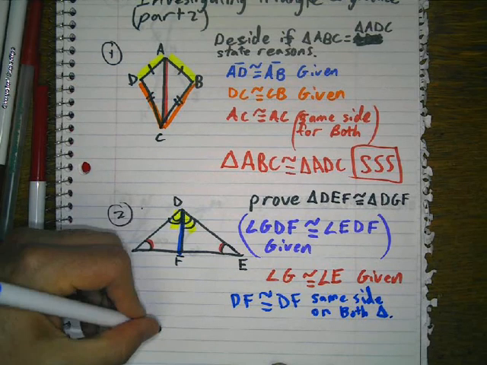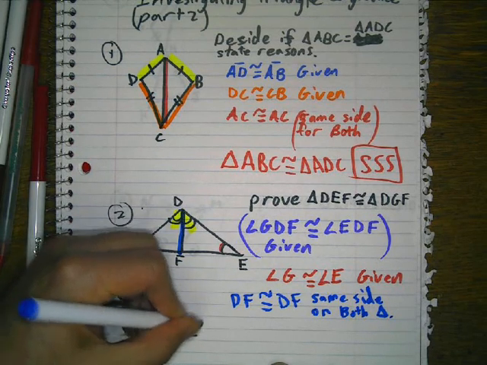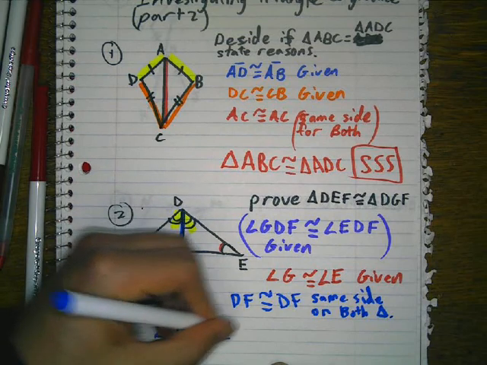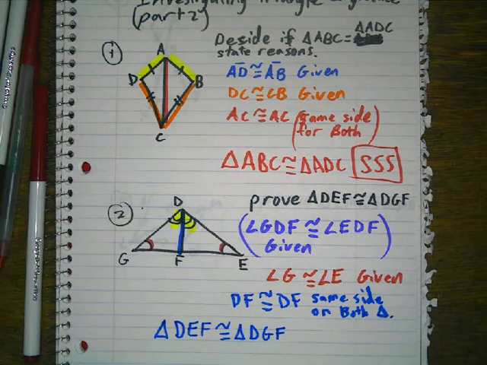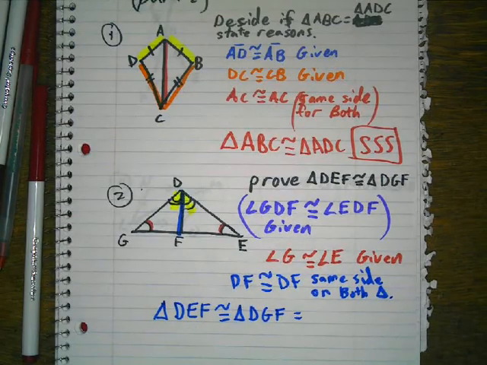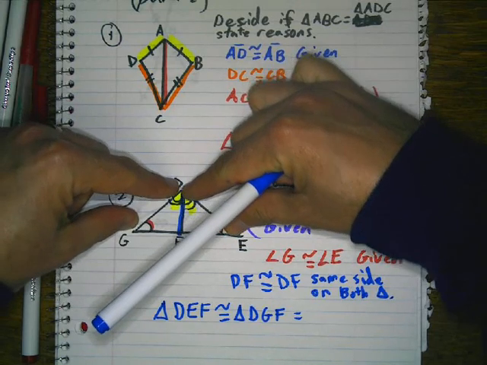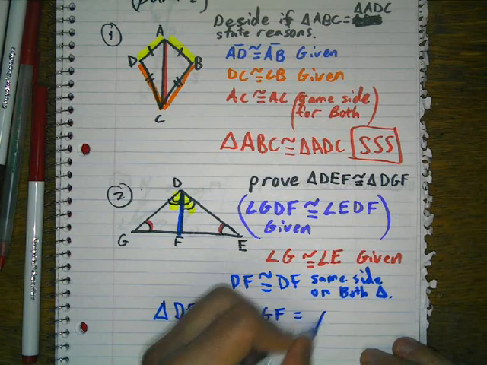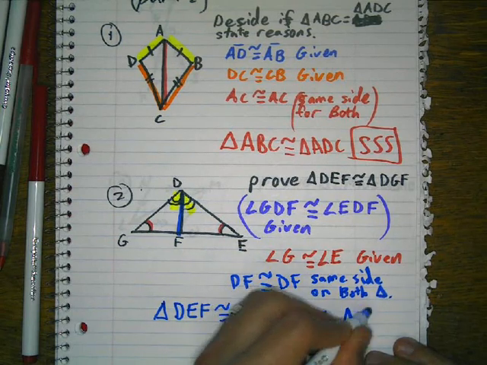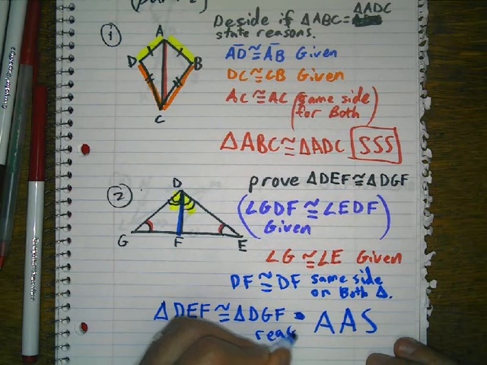So now I can say triangle DEF is congruent to triangle DGF. And let's figure out the reason. Is this side in between the 2 angles? No. So we've got angle, angle, side is the reason.